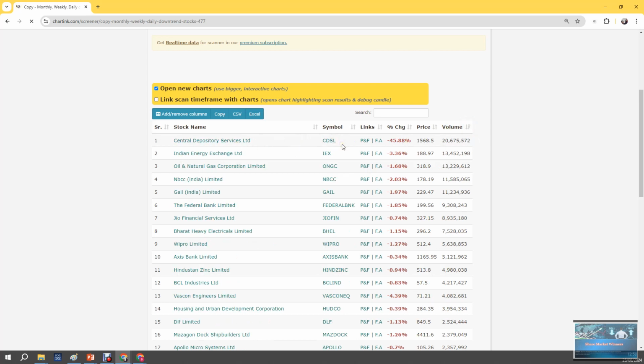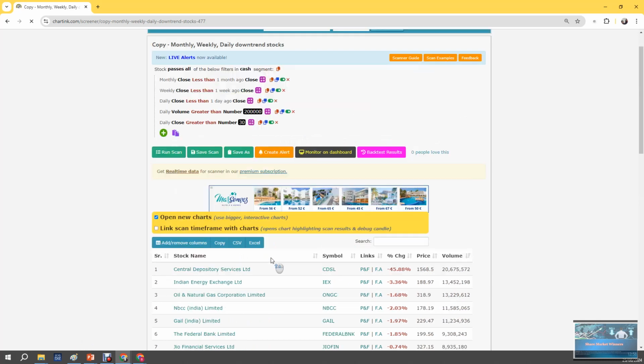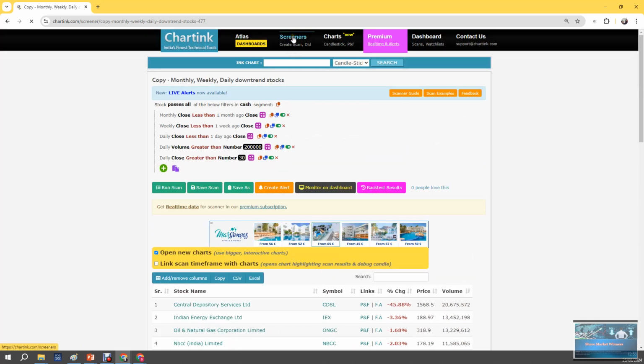CDSL, we know that there is a split and a bonus announcement, so this stock is having more delivery volume, so that you can understand it has reduced 45% not because the share is not performing, it is just because of the split which happened. These stocks you can take and further analyze, and you can utilize for trading.